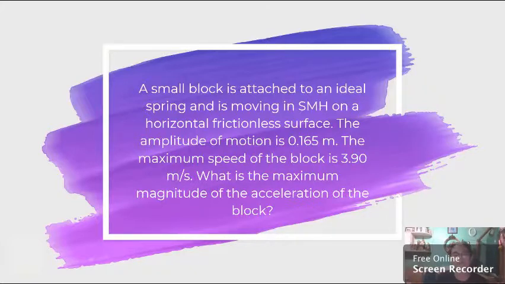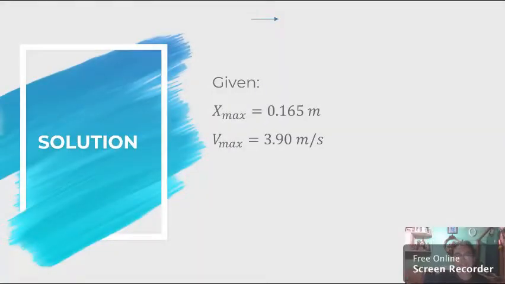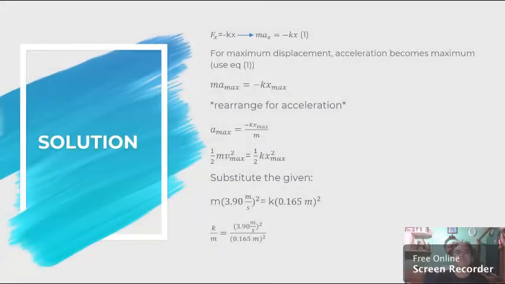So here in our problem, we need to find the maximum magnitude of acceleration. The given that we have is the length, x max, which is equal to 0.165 meters, while the v max is 3.90 meters per second.